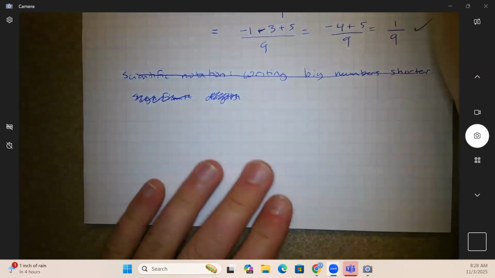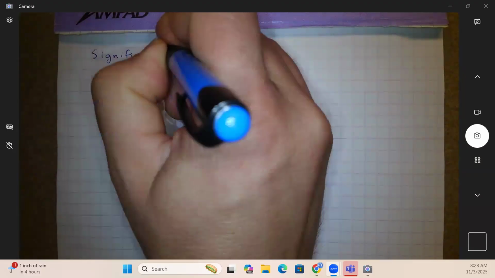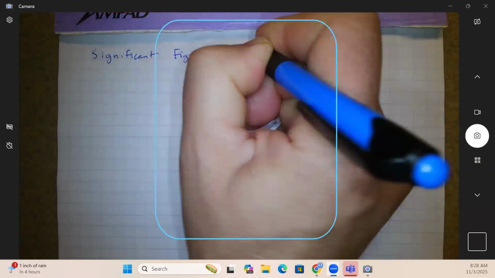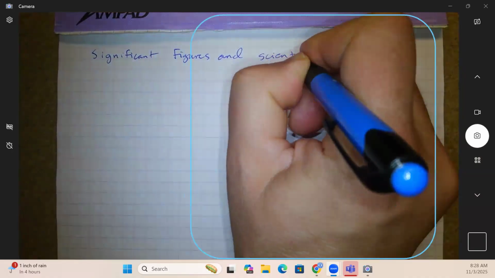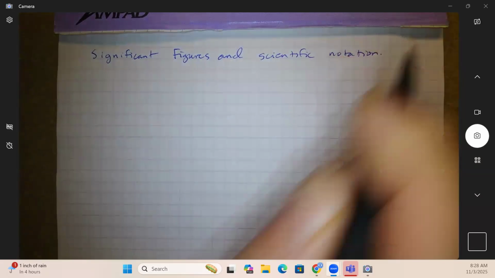I feel like starting a new page. Significant figures and scientific notation.